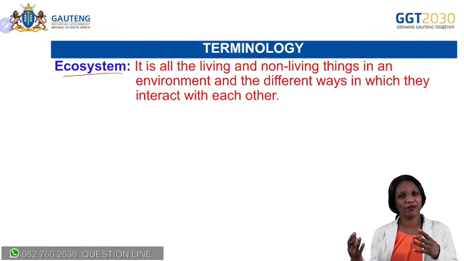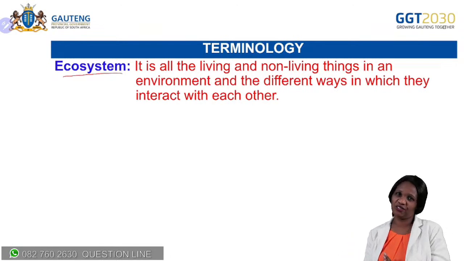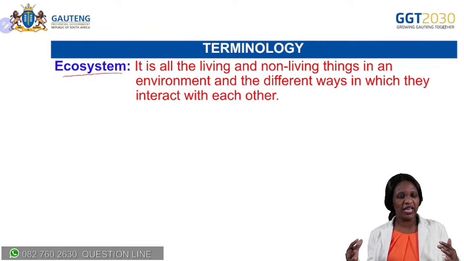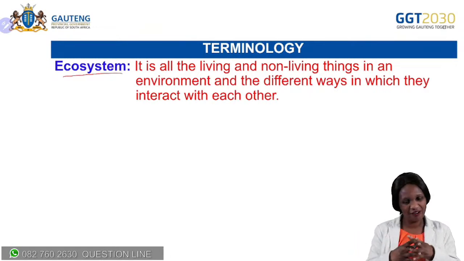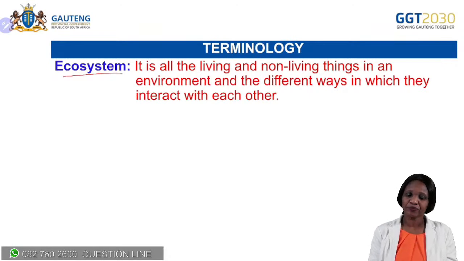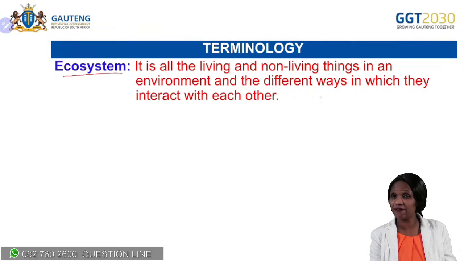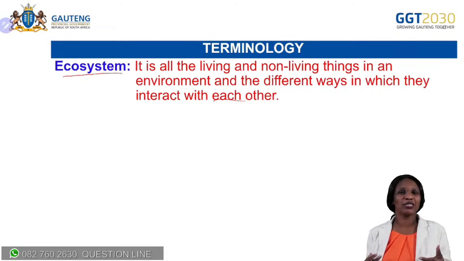About the temperature. Therefore, the non-living, we're talking about the conditions, all right? And then, if we're looking at the living and the non-living, there is an interaction within an environment, okay? It is all the living and non-living things in an environment and the different ways in which they interact with each other. For example, you come across a community.